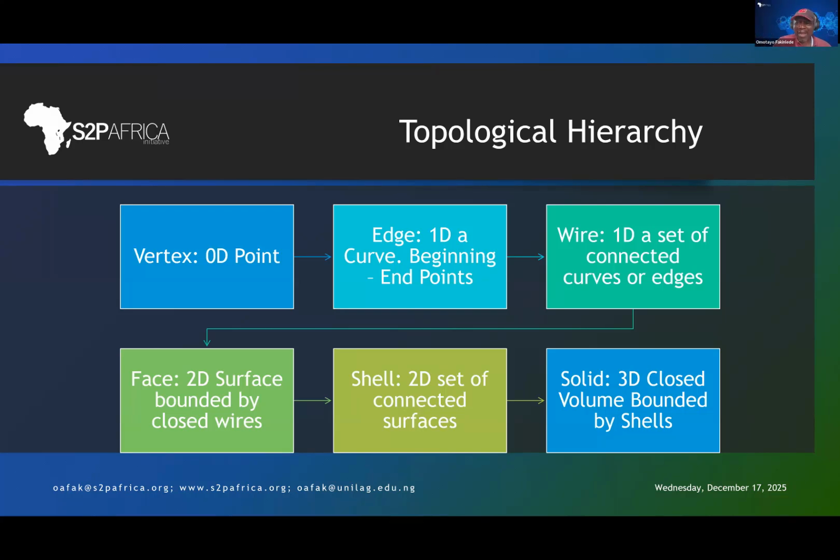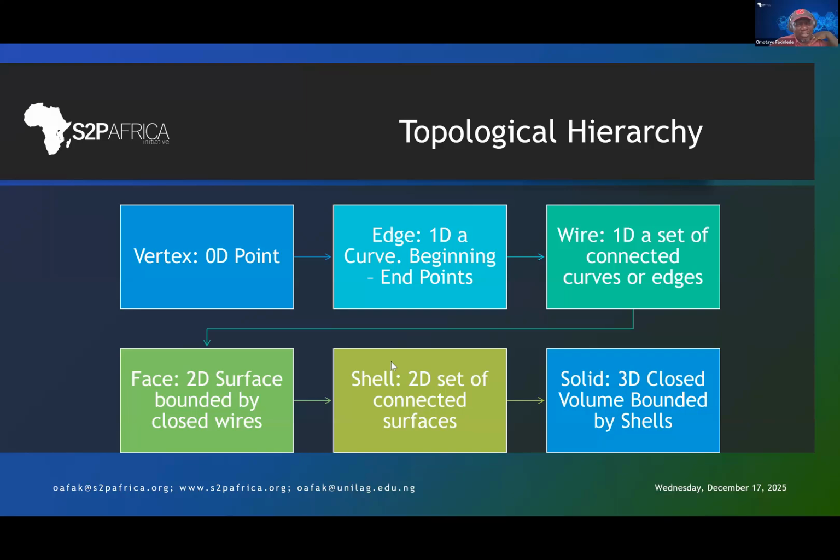A wire is one-dimensional and is a set of connected curves. That would be a simply connected curve in your mathematics, but a wire is something that can be displayed. A face is a surface bounded by closed wires. So once you have a closed wire, you have a face. If a wire is not closed, it cannot form a face. Some of you might have found this out when you tried to extrude a drawing that had not been closed.